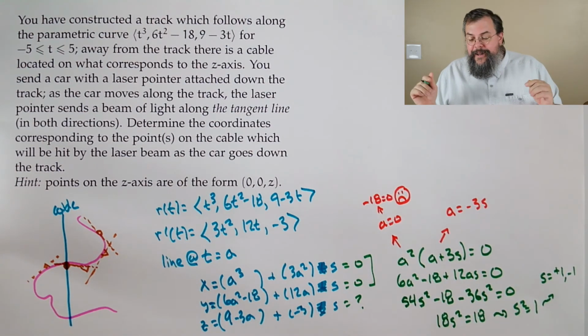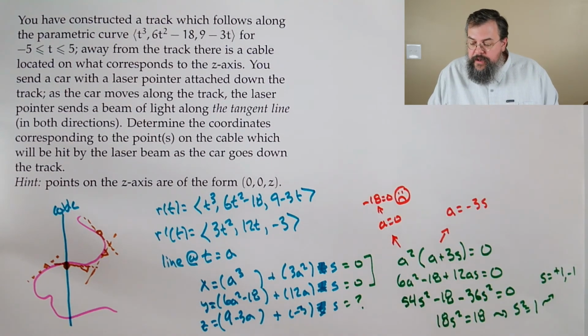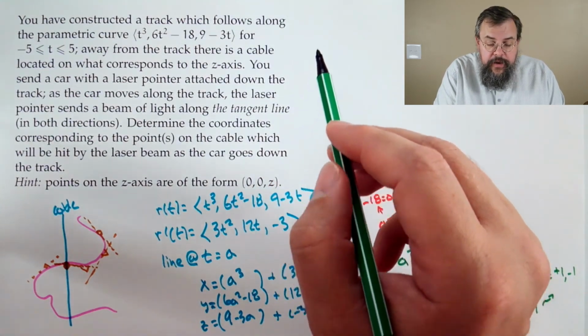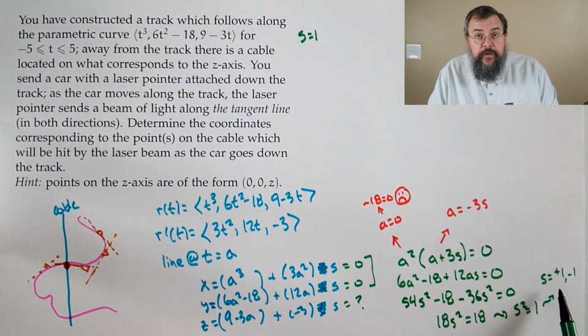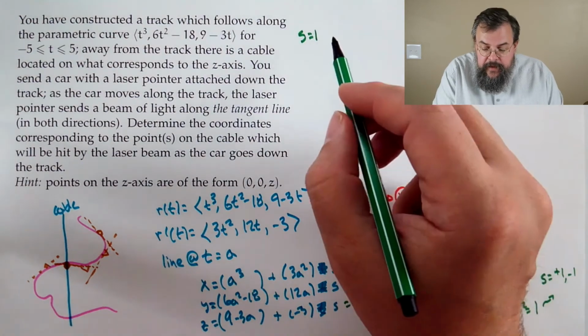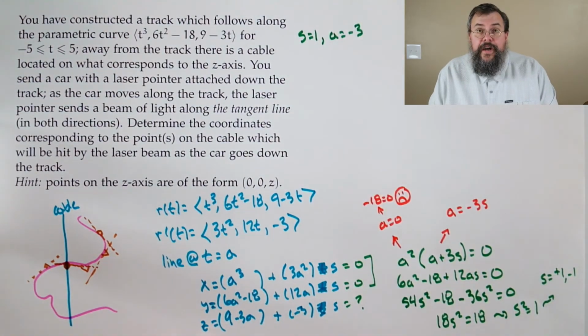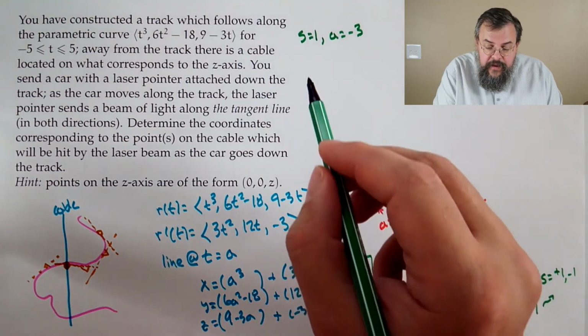Great. All right. Now, what do we do from here? Well, now that we know s, here are our possibilities. s equals 1. Okay, if s equals 1, a would equal negative 3. So we now know s equals 1, a equals negative 3. What are the points?